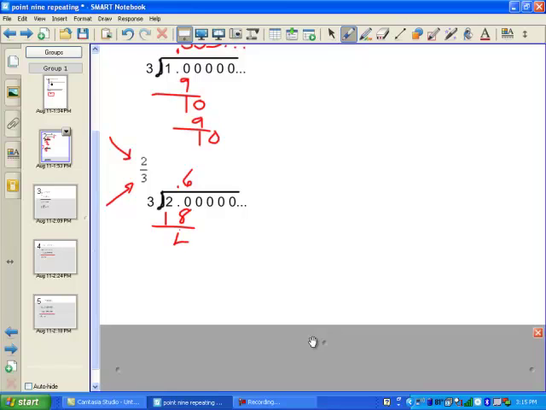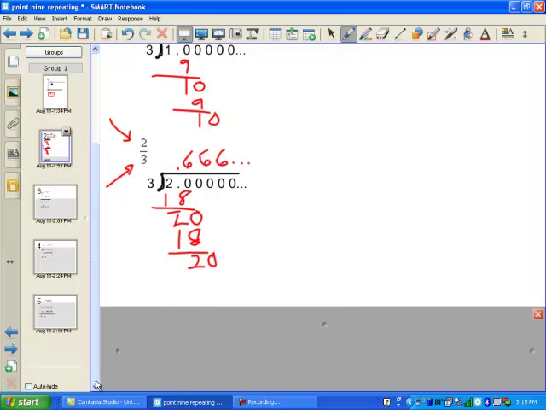Bring down the next 0. Again, we have 3 into 20 gives us 6 yet again. And you can see what's happening. The process is going to go on infinitely, and the pattern simply repeats itself, and so on and so on. So we do in fact get 0.66666 repeating infinitely for the number 2/3.